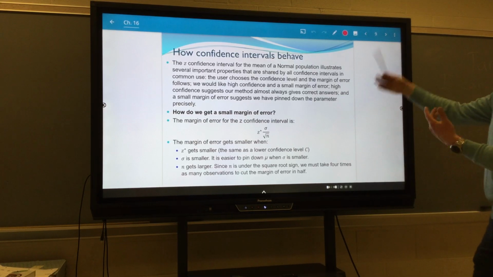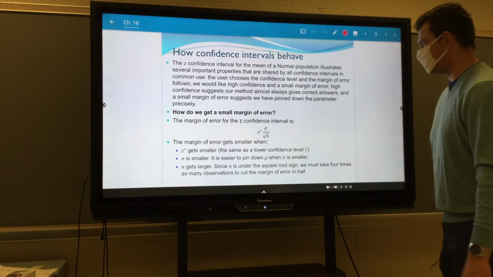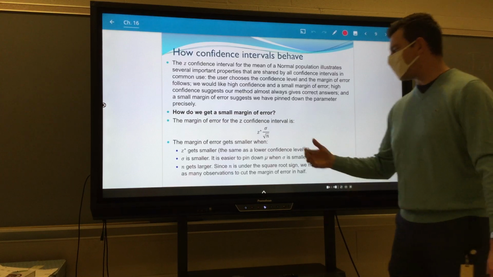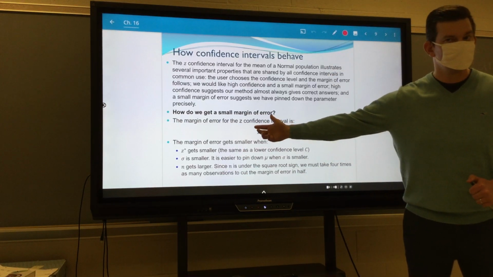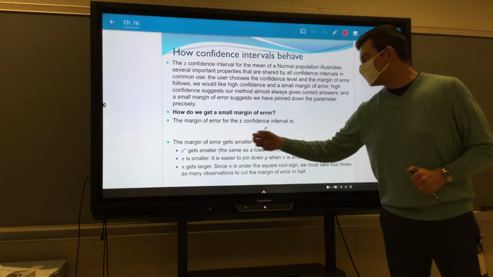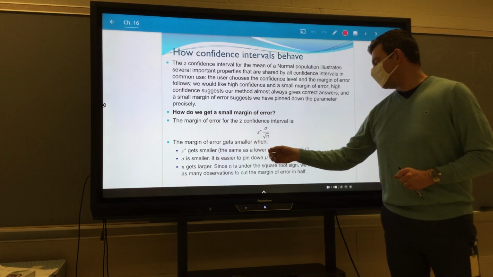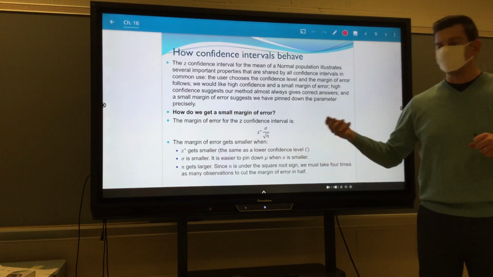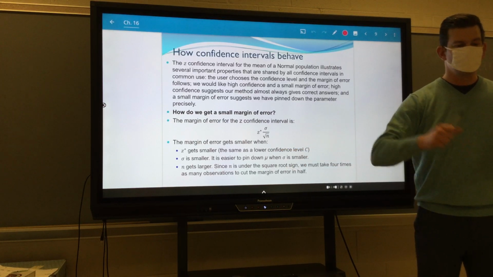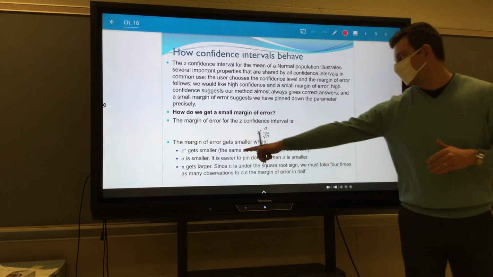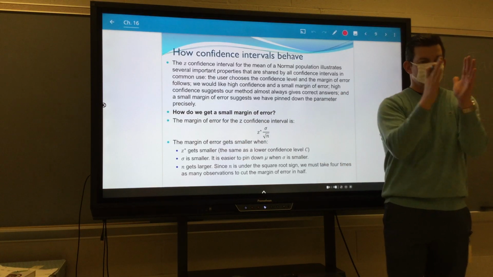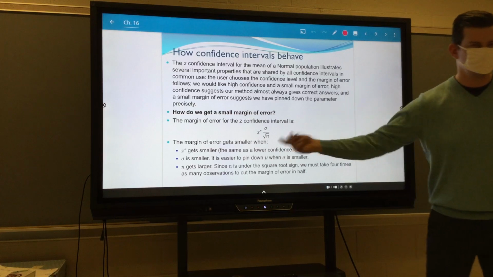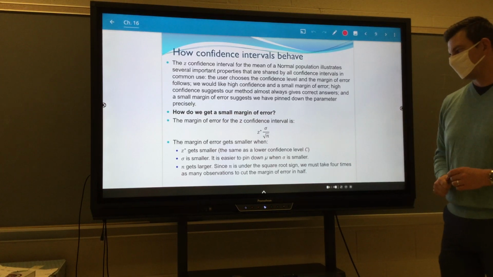All right, we just talked about this. It's kind of saying the same thing about what happens when Z gets smaller, that Z star. If Z star gets smaller, that means that the confidence is going to diminish. Yes, the number of standard deviations is going to get smaller, but so is that level of confidence.